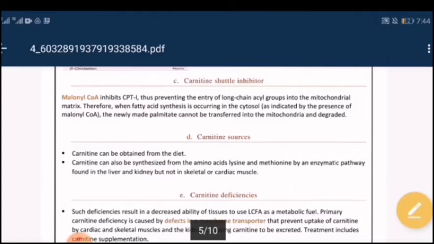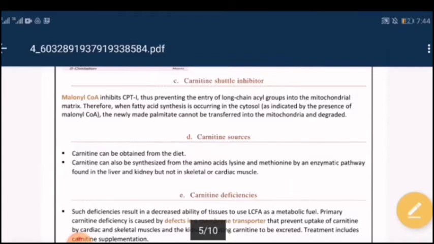This occurs by malonyl-CoA. Remember, this is an intermediate in lipogenesis, which was covered in the first lecture in this module. So it prevents the entry of long-chain acyl groups into the mitochondrial matrix.